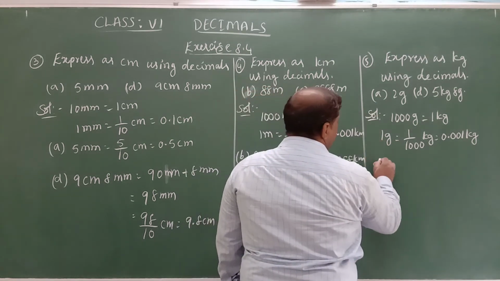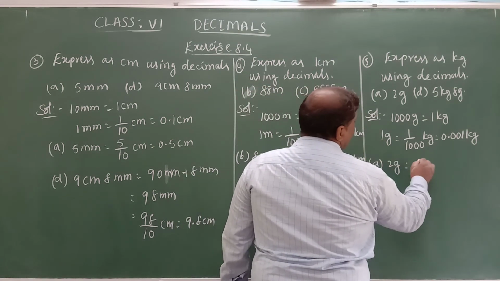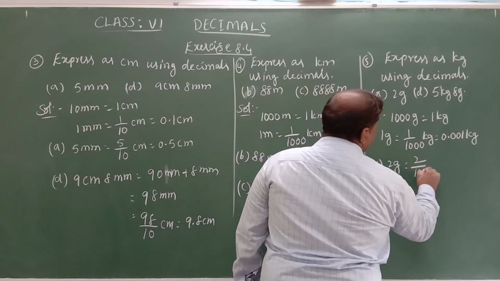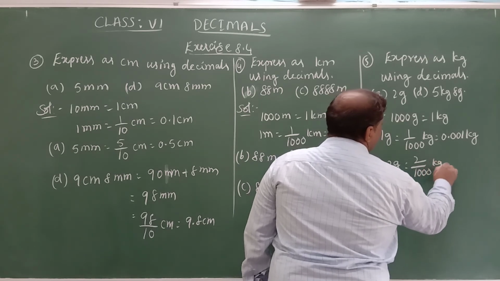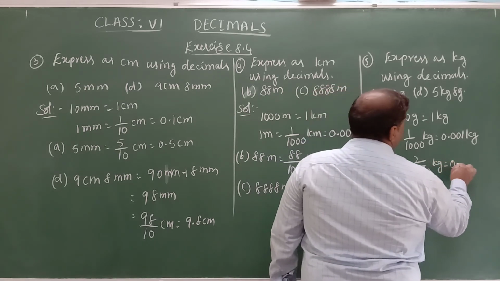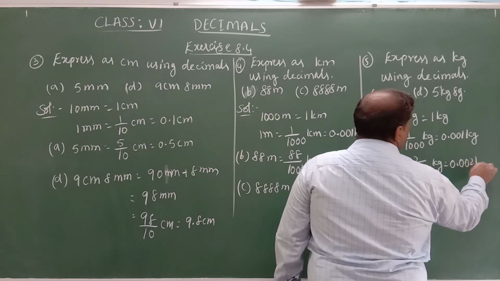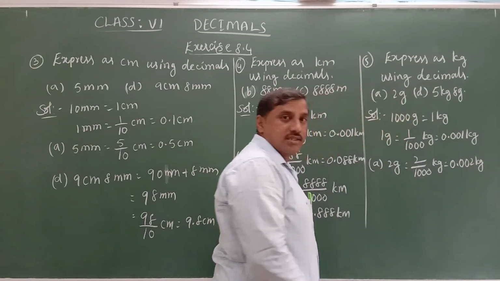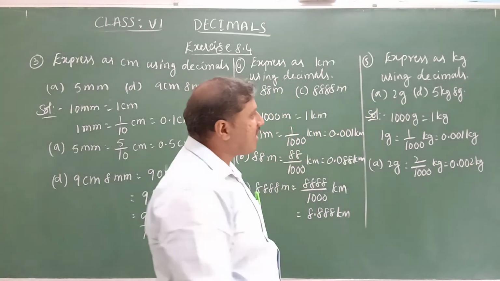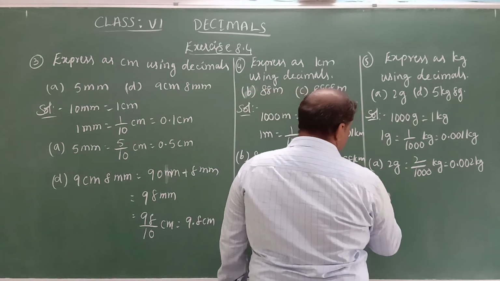Now the A bit is 2 grams. 2 grams is equal to 2 divided by 1000 kg, that is 0.002 kg.